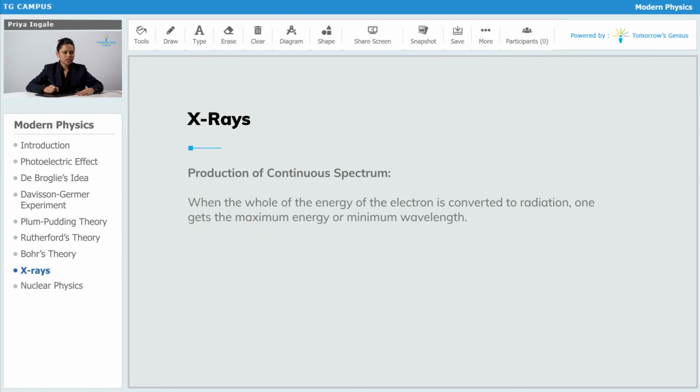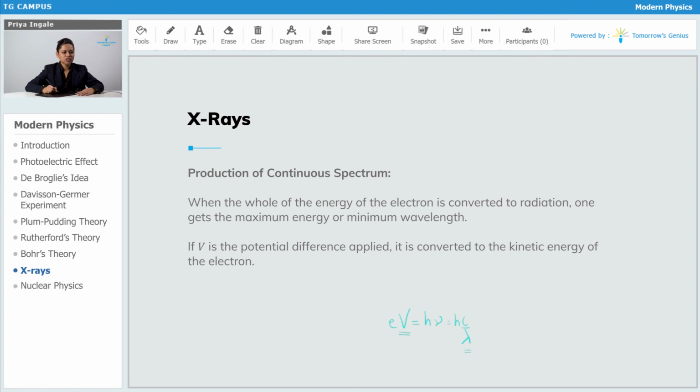So when the whole energy of the electron is converted to radiation, one gets the maximum energy or minimum wavelength. Like we have seen, the whole energy of the electron is eV, and when this whole energy is converted into h nu, this becomes hc by lambda. So for maximum energy, minimum wavelength is responsible, we can say.